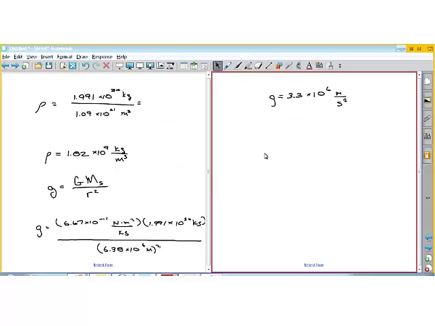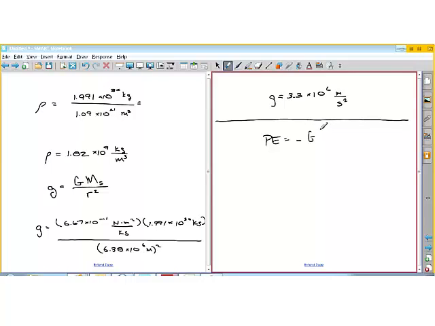And the final part, the gravitational potential energy associated with a 1 kilogram object at the surface. So the gravitational potential energy is equal to negative G times, let's see, I've got the equation. So I'm going to go to the summary because it's always a good place to look for equations.